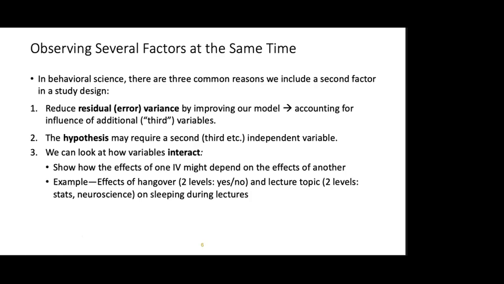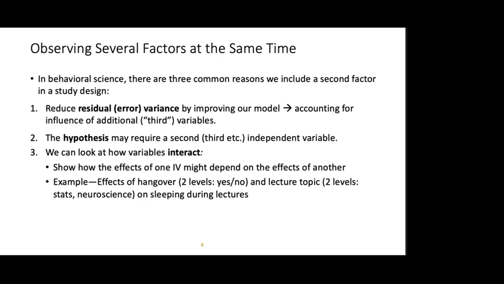I'd say one fantastic example is also from my special textbook. If we were interested in the effect of hangover, right, that would be our first factor, or first independent variable. And let's assume we have two levels: yes, we are hungover, or no, we are not. The second factor would be lecture topic, again with two levels, statistics or neuroscience.